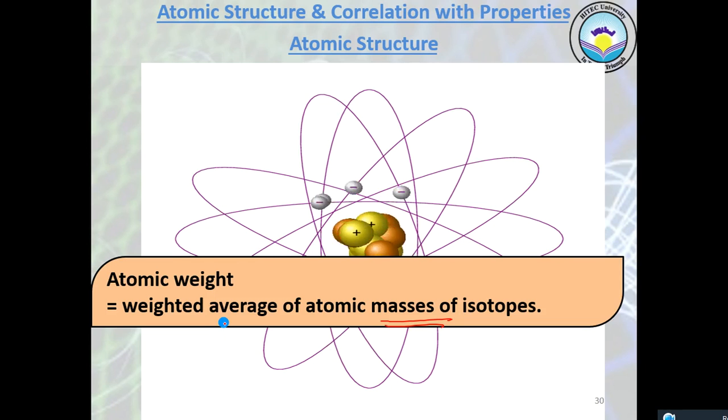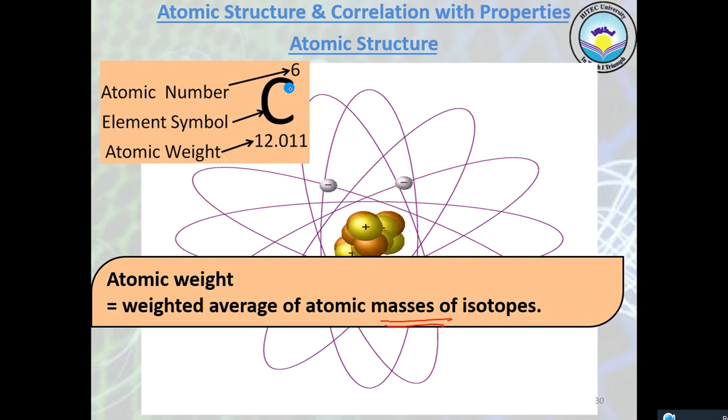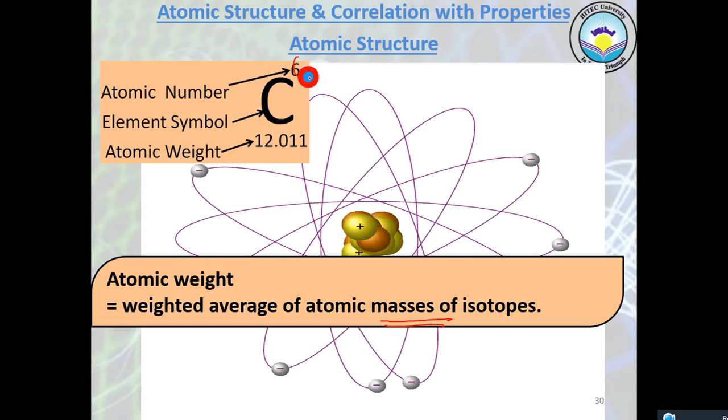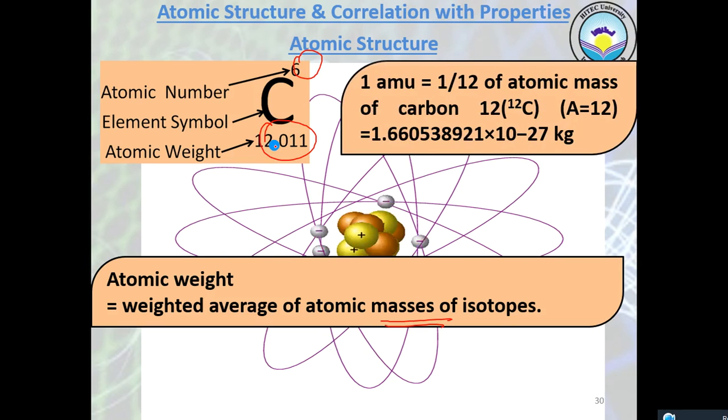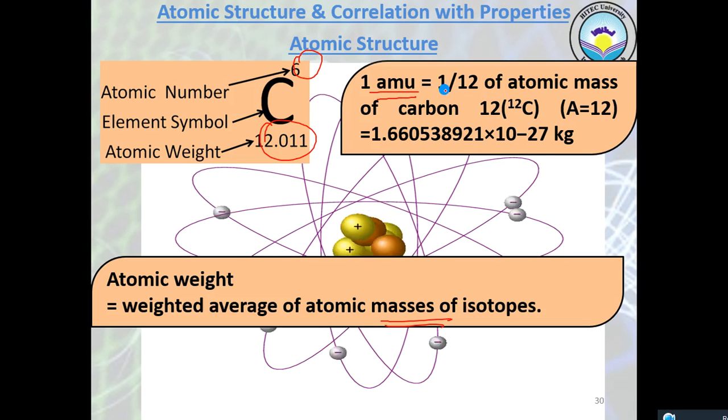We can see here this is carbon, atomic number is 6 and atomic weight is 12.011. One atomic mass unit, 1 AMU, means 1/12th of the mass of the carbon isotope. So 1 AMU is equal to 1/12th of the atomic mass of carbon, and when we solve it we get this value.